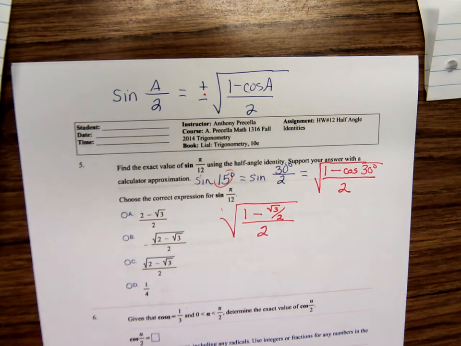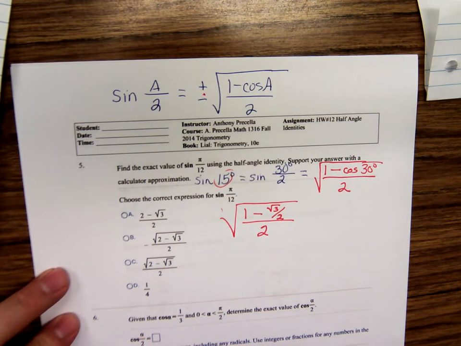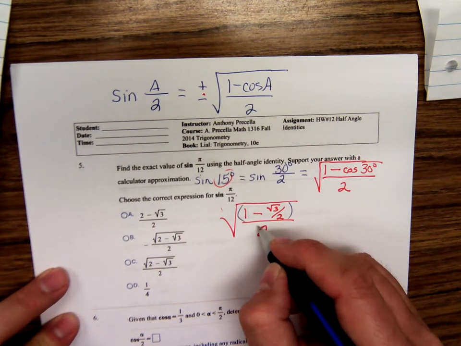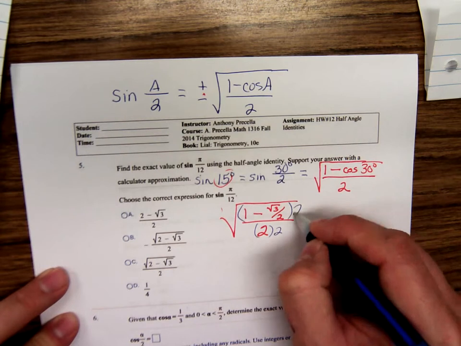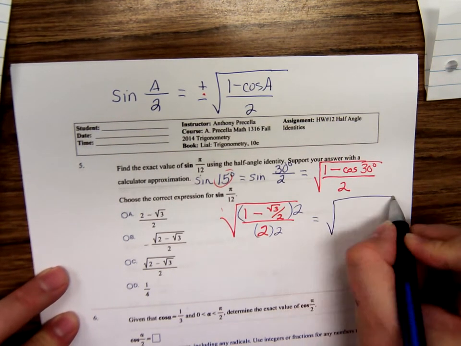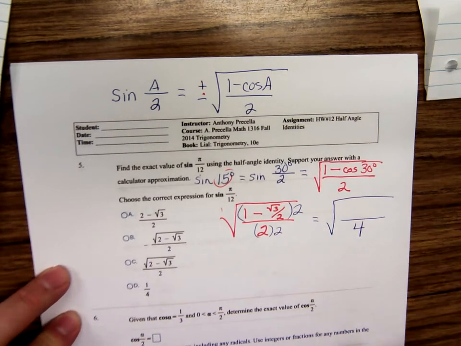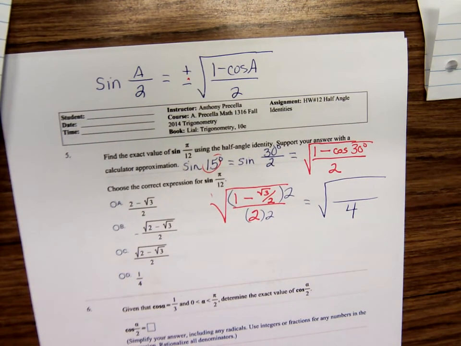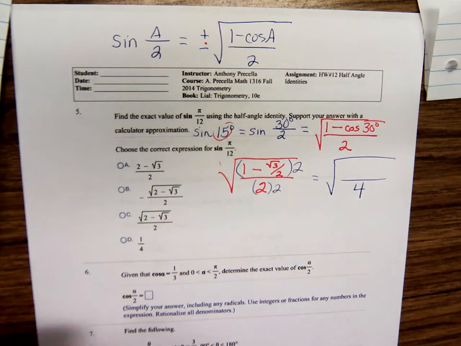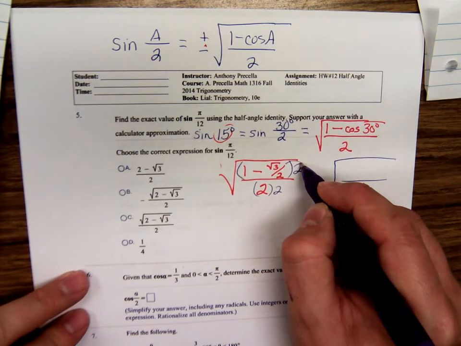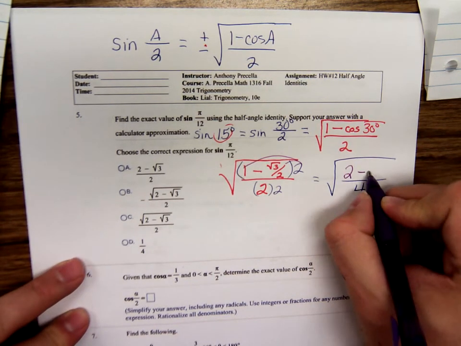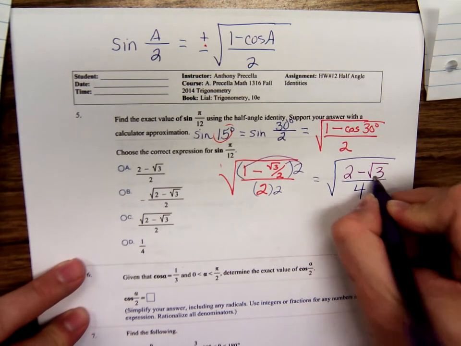What could I multiply above and below by? Okay, if I multiply above and below by 2, that's going to give me just a 4 in the bottom. And that's nice because the square root of 4 is 2. But what about the top? We would have 2 minus square root of 3.